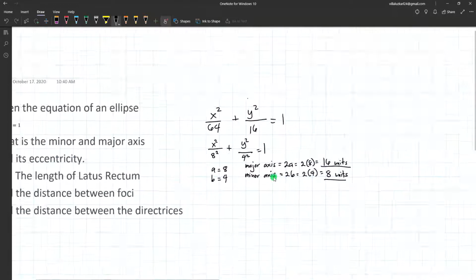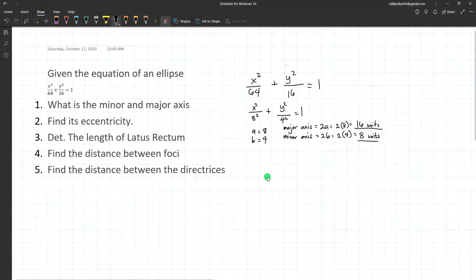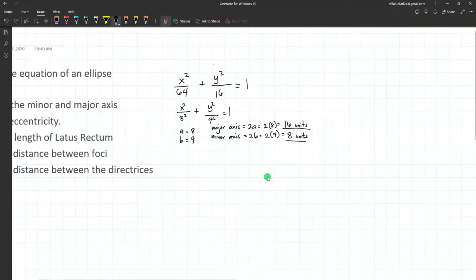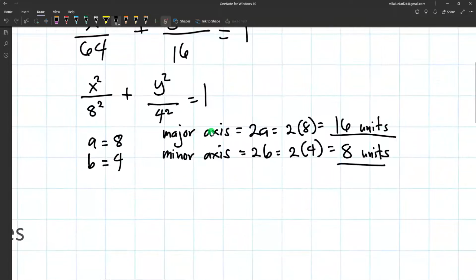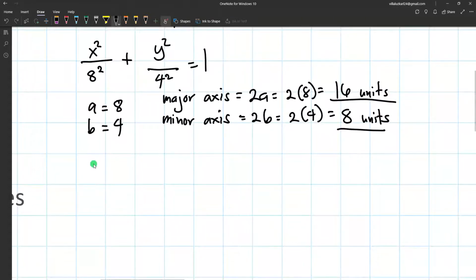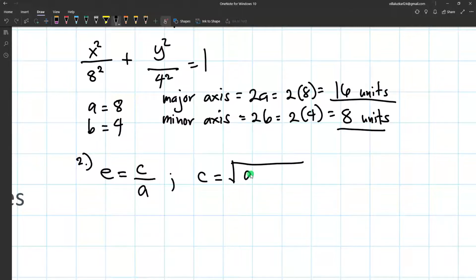The second question is to find the eccentricity. Eccentricity is equal to c over a, where c is equal to the square root of a squared minus b squared.